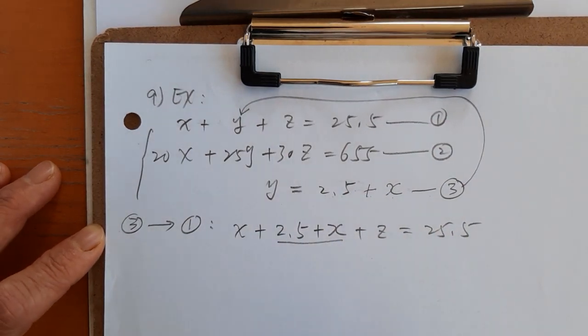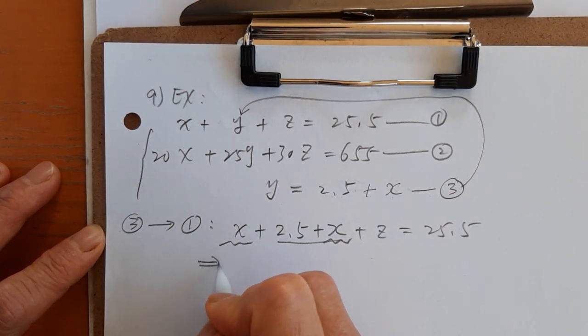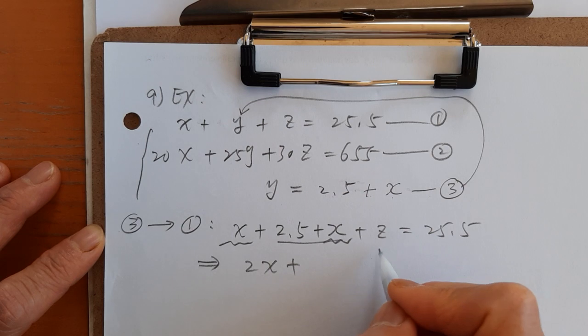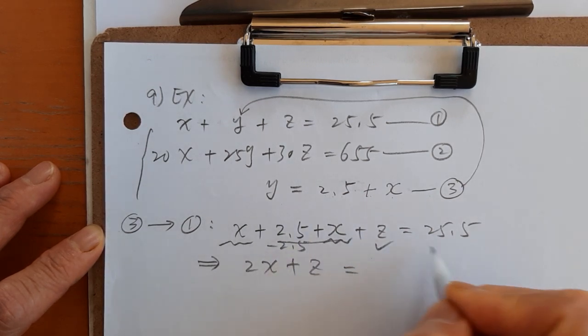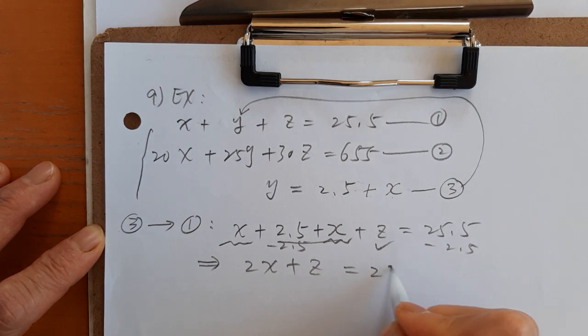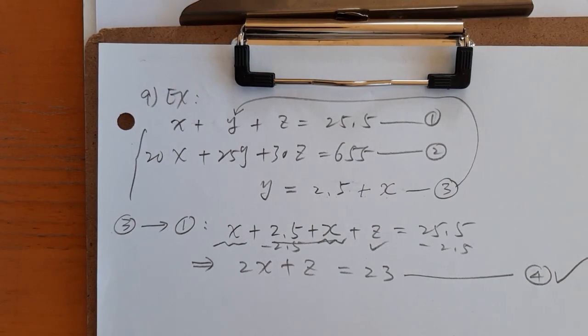Then simplify this, combining like terms: X plus X is 2X, plus Z equals 25.5 minus 2.5, equals 23. This is the fourth equation, and I will use it later.